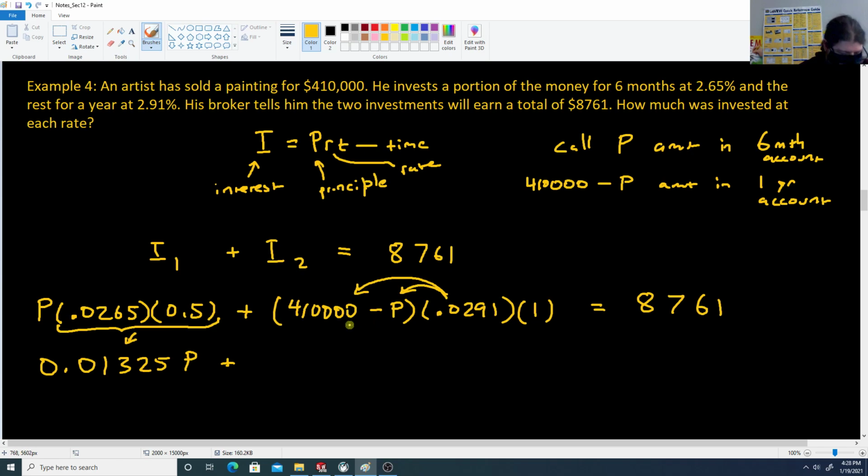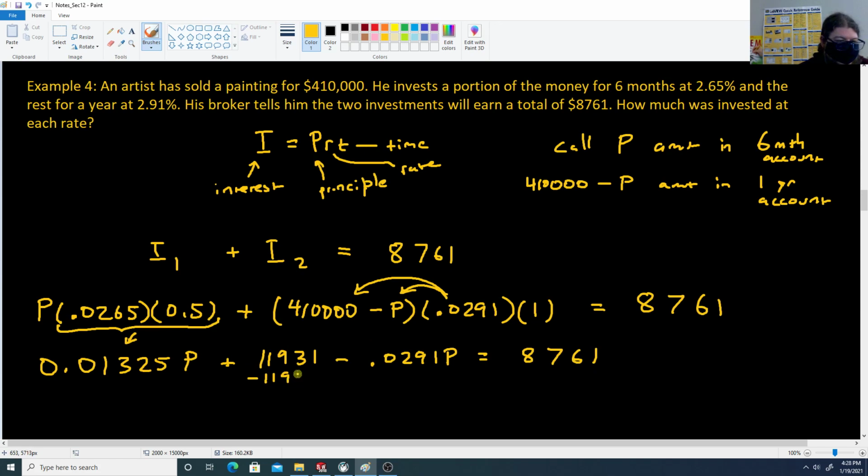So we get 410,000 multiplied by 0.0291, which is 11931, minus 0.0291 times P equals 8761.